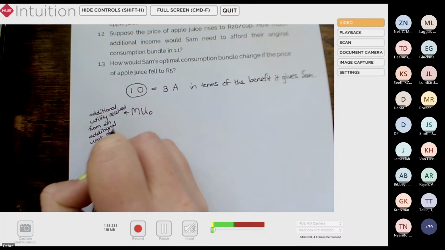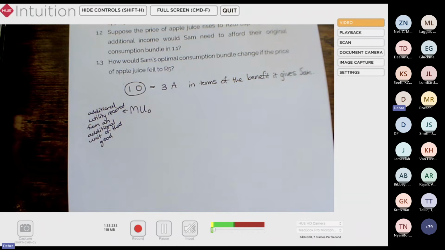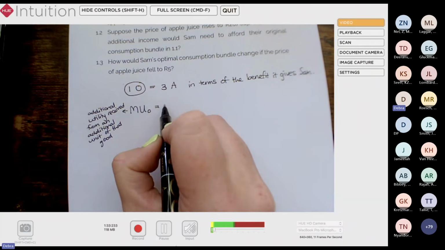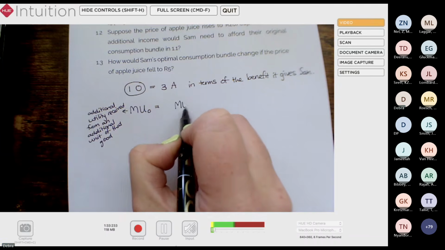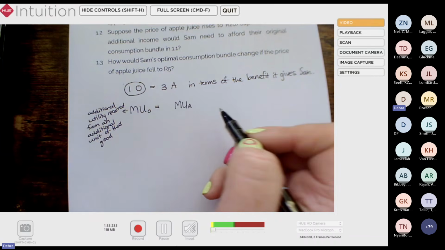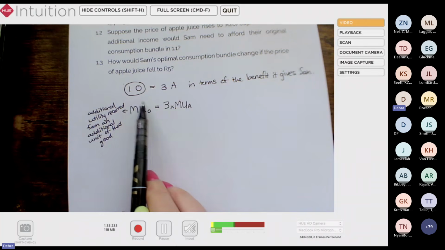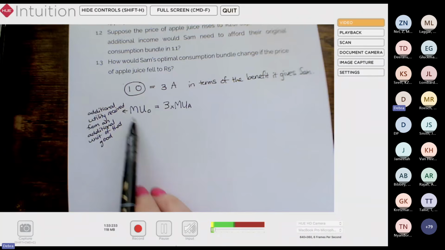Okay, so when he consumes a cup of orange juice, he gets some marginal utility from that cup of orange juice. And that marginal utility is exactly equal to the marginal utility he gets from a cup of apple juice multiplied by 3. Okay, so the benefit of a cup of orange juice is 3 times the benefit of a cup of apple juice.